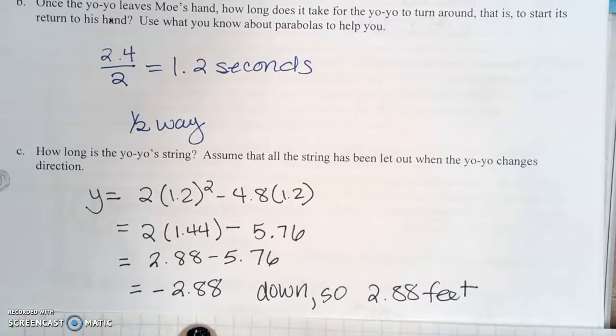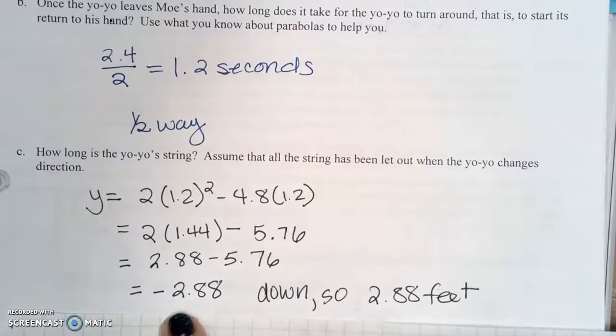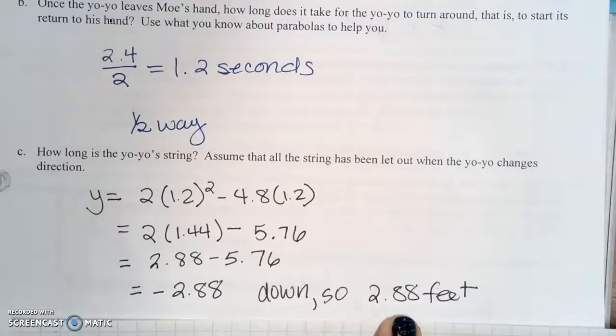So this one does have a negative answer because it's going down, right? You want to know what that lowest point is. Yo-yo drops out of hand, you want to know where it's at down here, okay? So it's down 2.88. So that string is roughly 2.88 feet long.